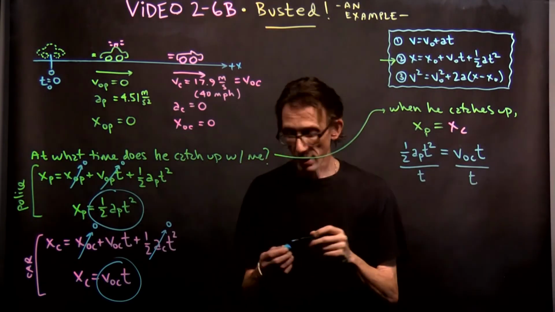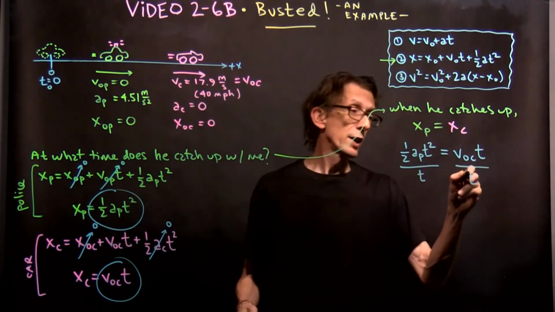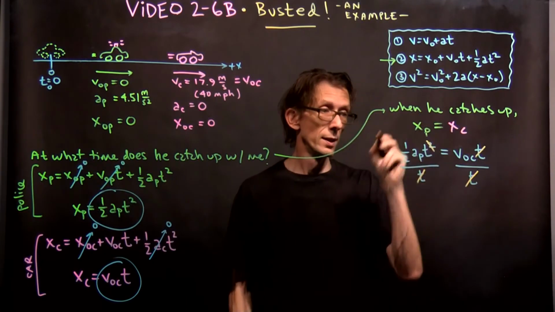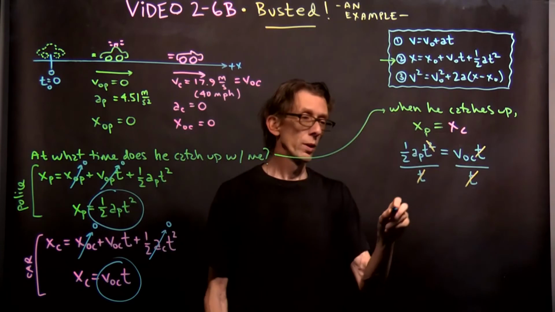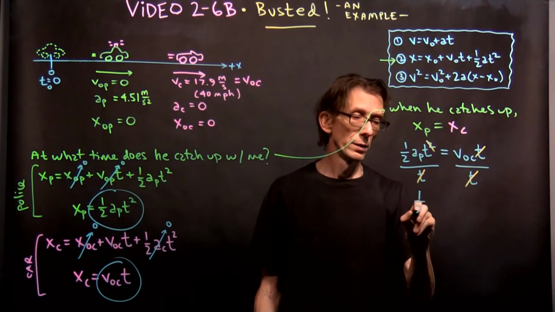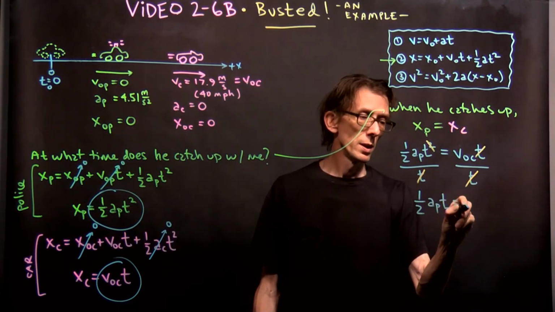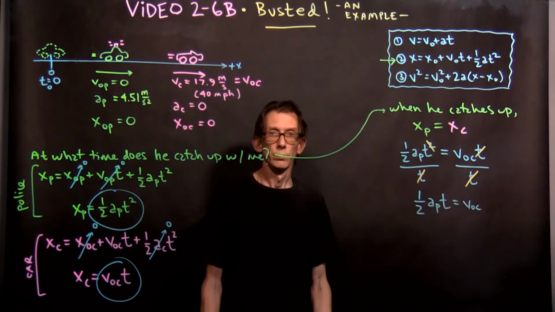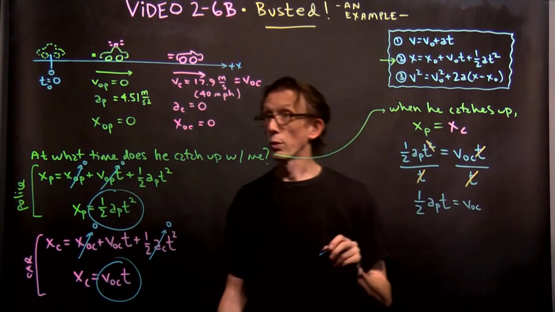What that does for us, and this is a nice little algebraic trick, is cancel the t on the right-hand side and one of the t's on the left-hand side, so we're left with a very simple equation: 1/2 the acceleration of the police car times time is v naught c. And so we can solve this for t.